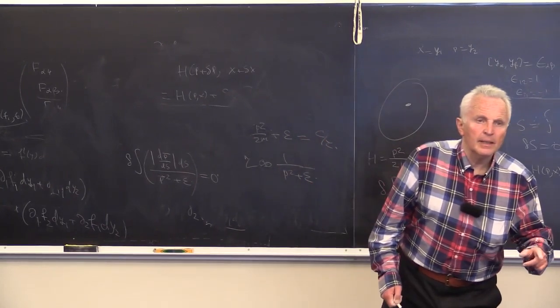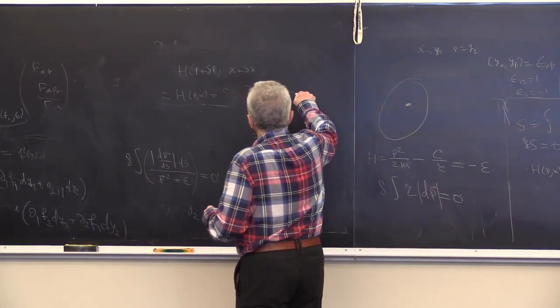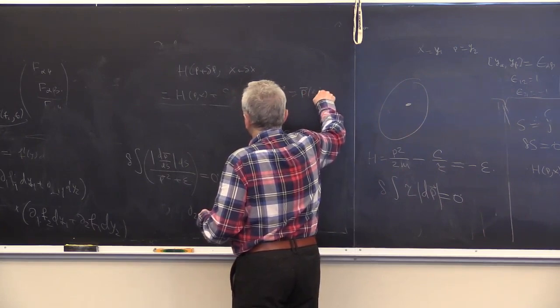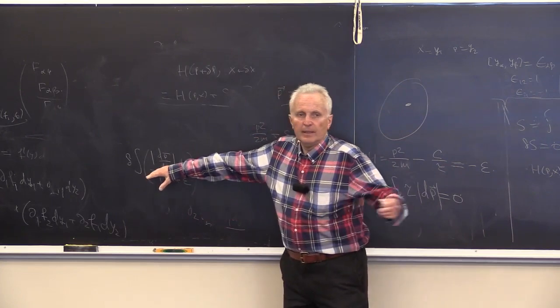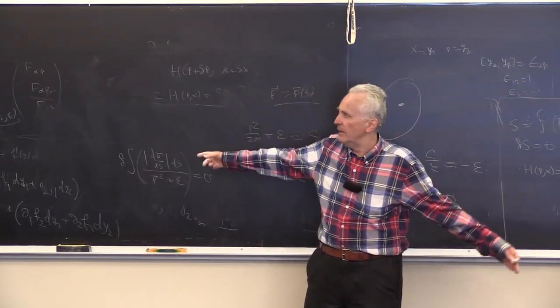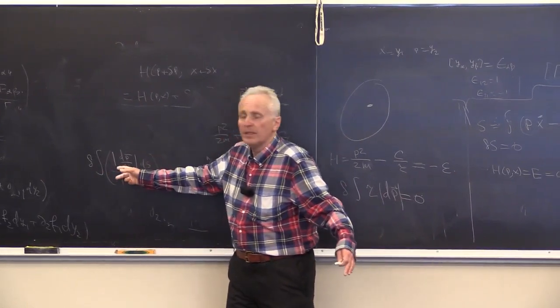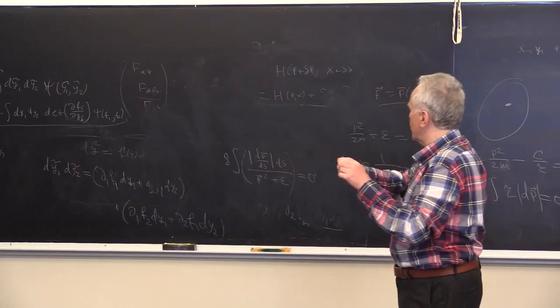You see, you have a curve P of S, and that's just the condition that P of S is such that this expression is a minimum. So it's in the momentum space now.